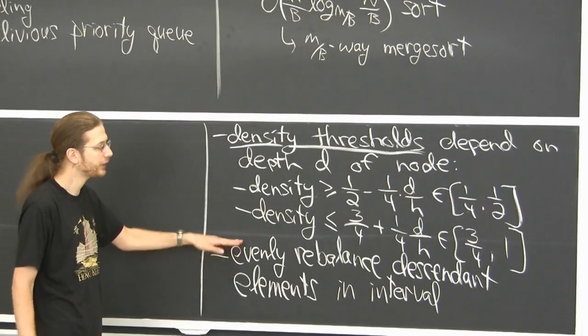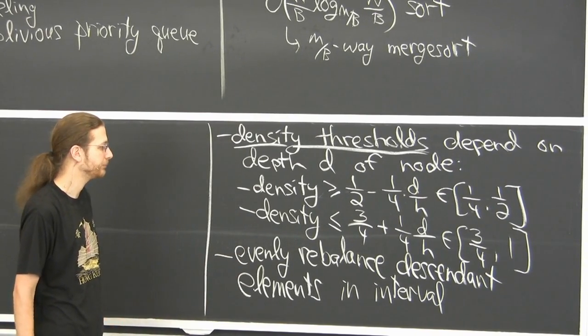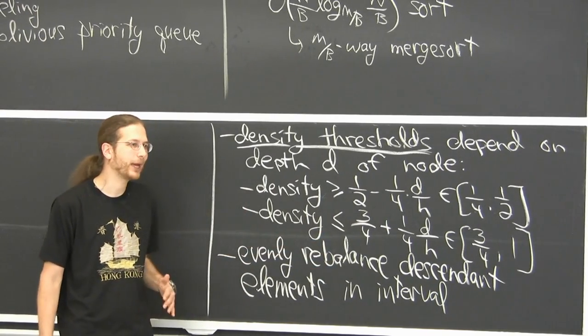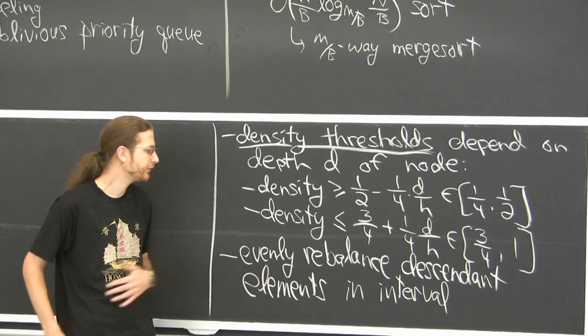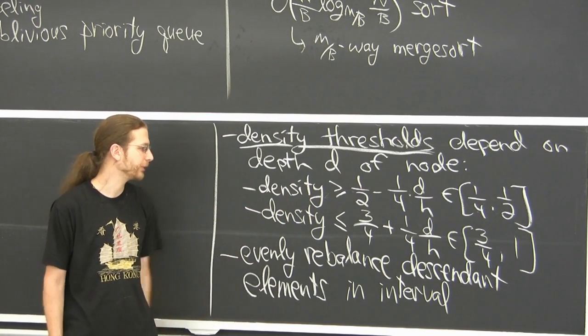So what you need to check is that you can do this with a constant number of scans. It's not that hard. Just read the elements in order, write them out to a temporary array, and then write them back. Or if you're fancy, you can do it in place. But you can just do it by a constant number of scans through the array.